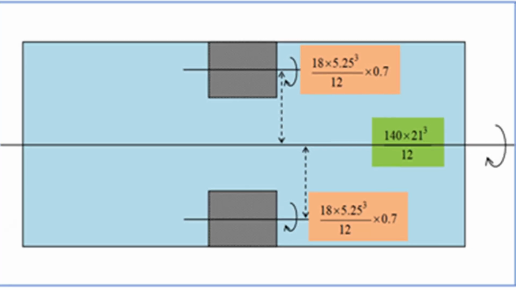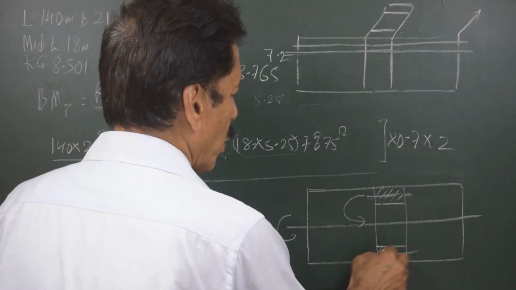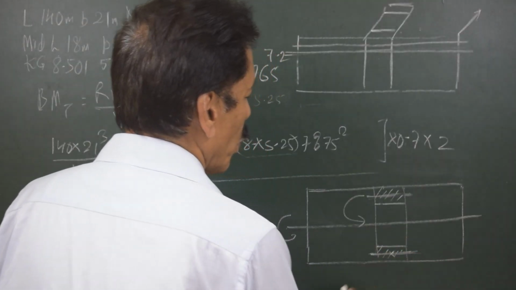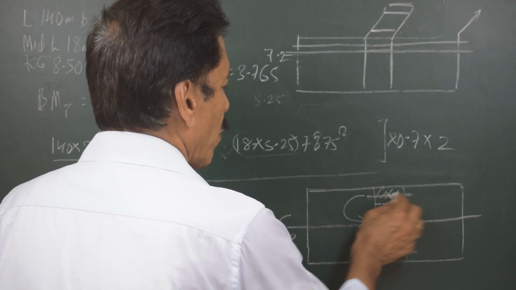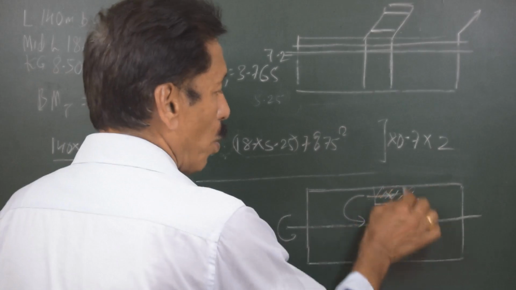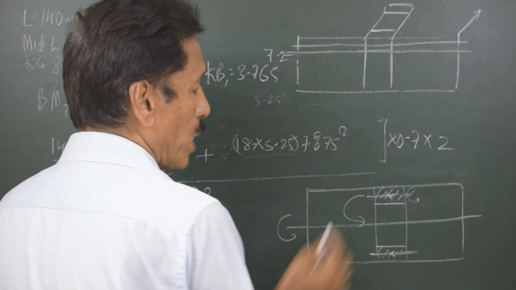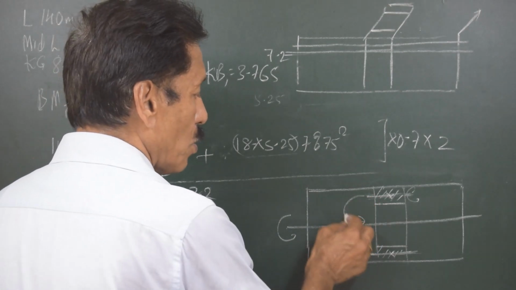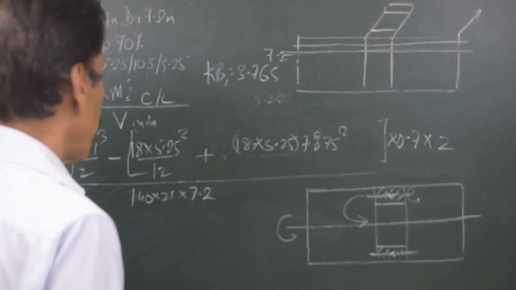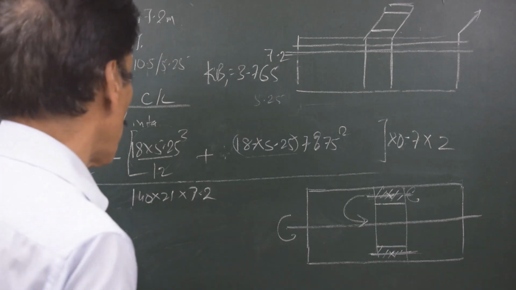So we can see this picture. This is the plan view. This is the lost or damaged portion. This is the fore and aft axis passing through the local centroid. We can find the loss of moment of inertia about own axis by formula, because the moment of inertia about this axis multiplied by 0.7 will be the actual loss. But we need to transfer the lost moment of inertia to the common center line. The total moment of inertia is 140 into 21 cube upon 12.